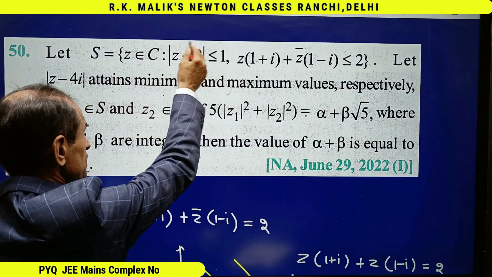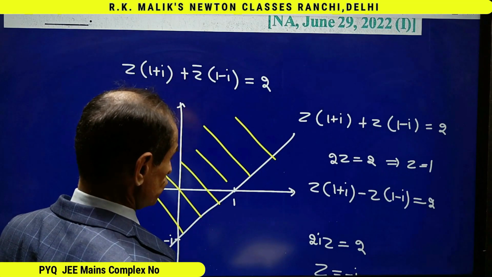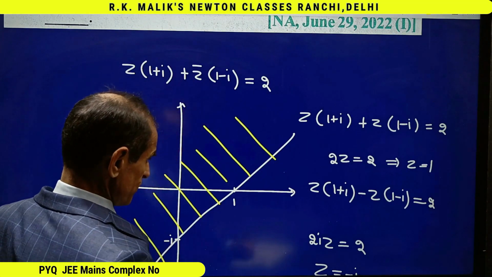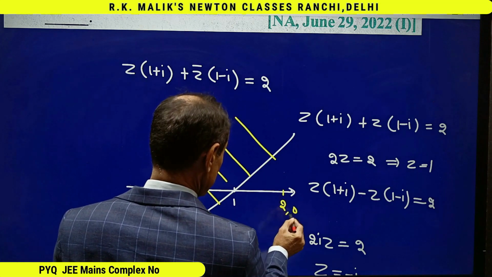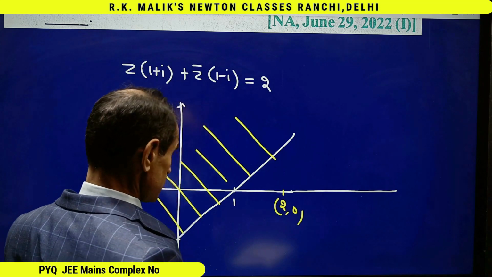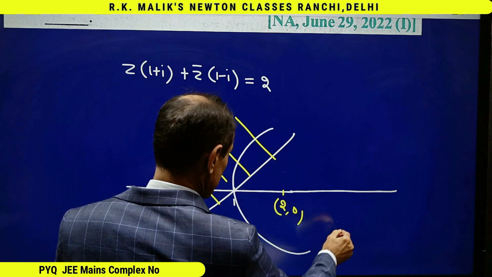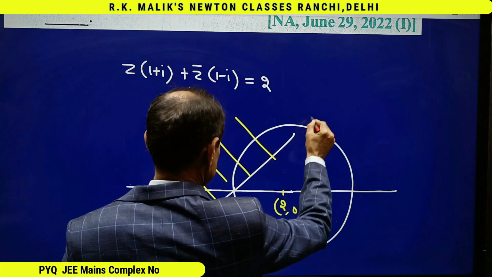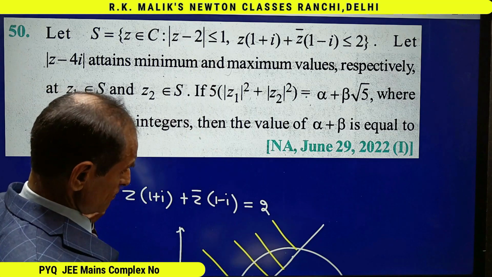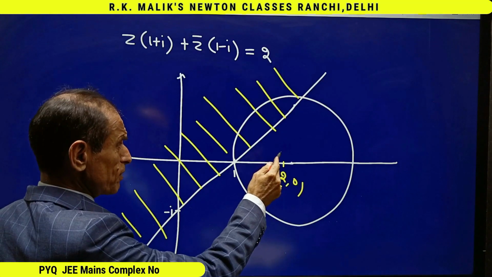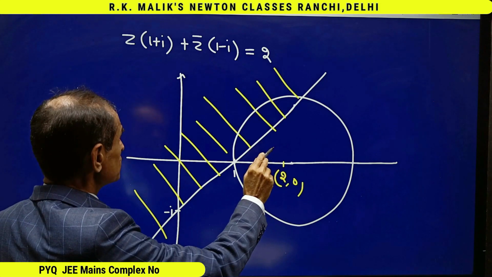And clearly the first inequation was representing a circle with center 2,0 and radius 1. 2,0 is somewhere here, and because radius is 1, the circle will be of this type. And because this was representing a disk, all the required complex numbers will be lying inside this circle.